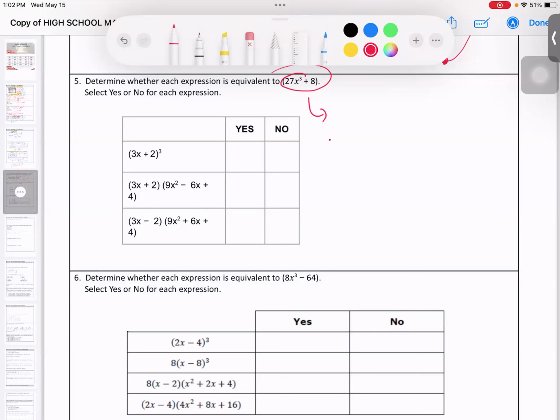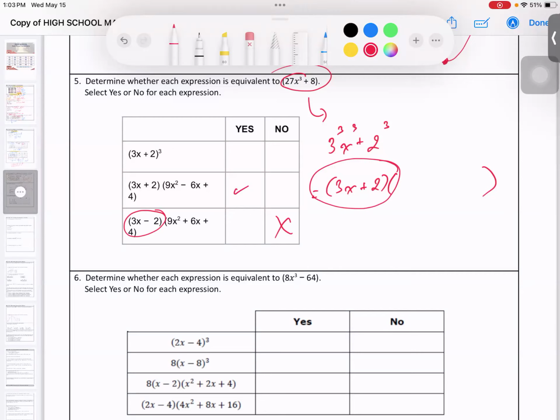All right, so change that into something cubed. 3 cubed, x cubed plus 2 cubed, okay? 3 cubed plus 2. What else? Well, because it's multiple choice, by the time you got into this step, you already knew that this is no, right? So this is 3x minus 2.